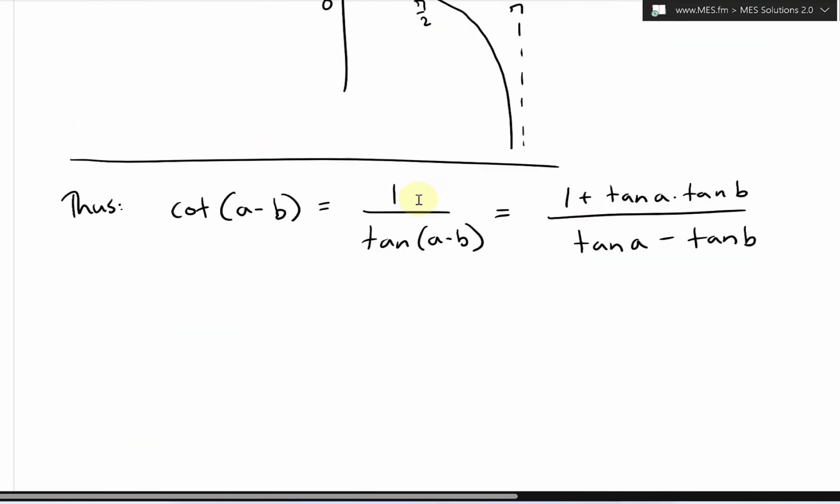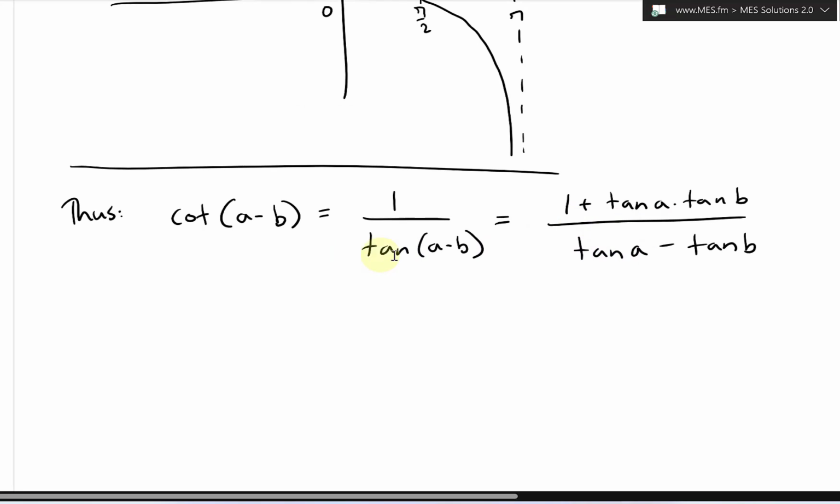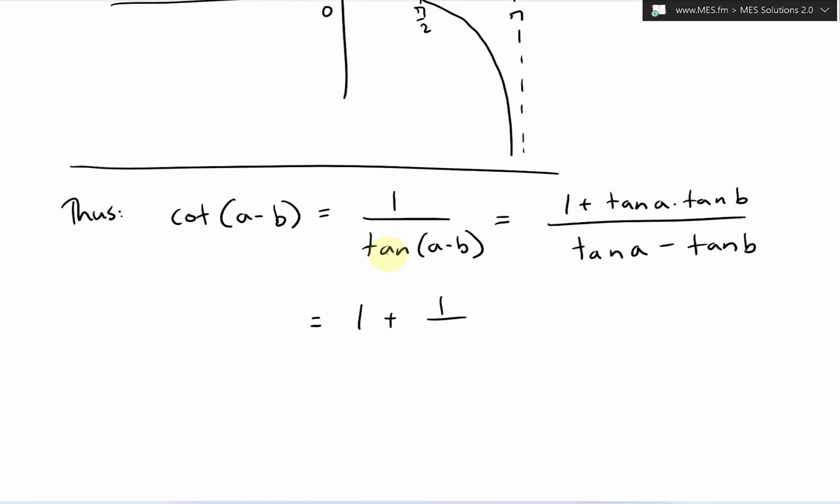All right, let's continue further. We have this setup right here, and now I'll rewrite this all in the cotangent version. So this equals 1 plus 1 over cot a times 1 over cot b, divided by tan a, which becomes 1 over cot a minus 1 over cot b, like that.